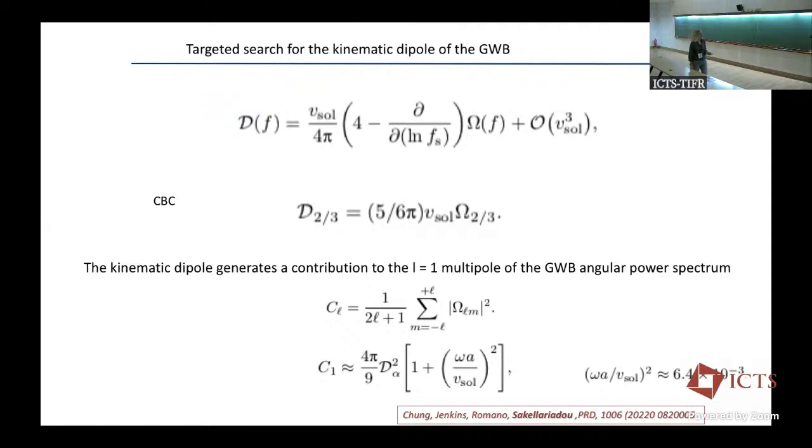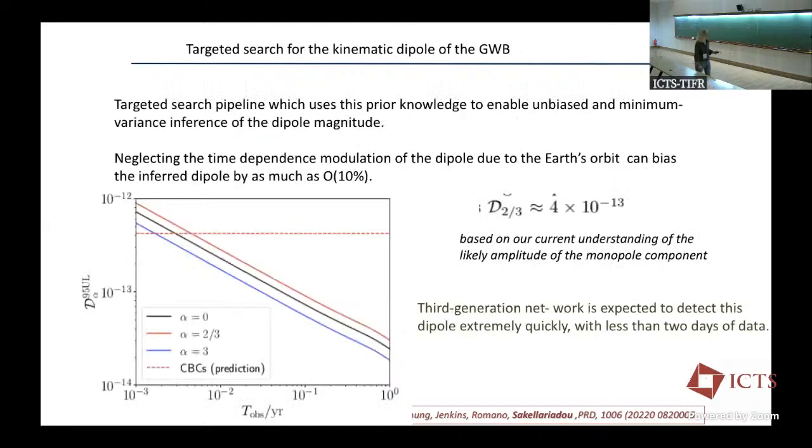And what we have found, then, we built a pipeline which is used by the collaboration now, based exactly on what I told you before. By correlating the data from different times, we were able to build this unbiased minimum variance inference for the dipole magnitude.